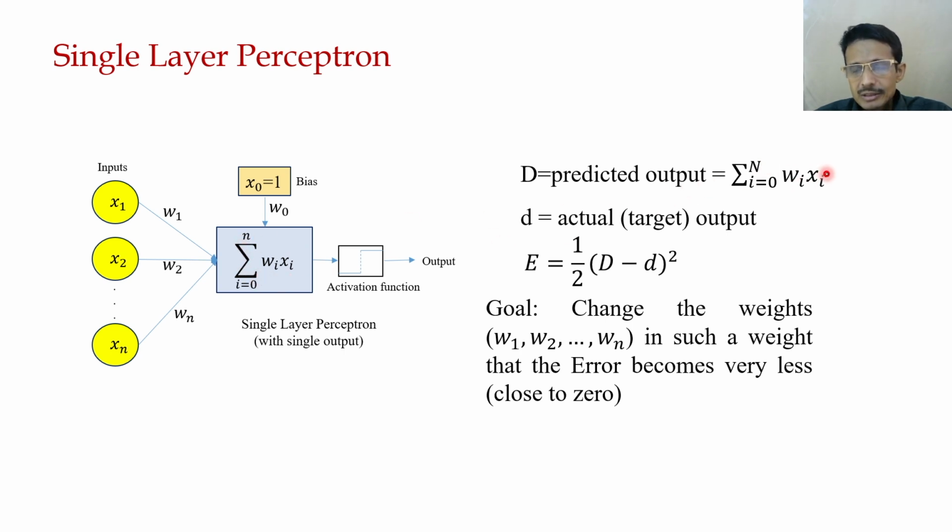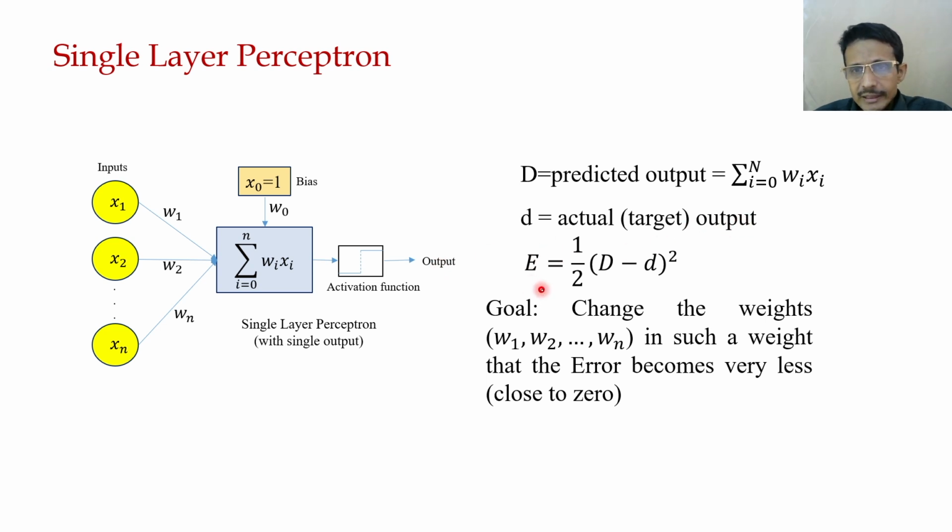And there is some D, which is the actual or target output. So there are two things: one is the predicted output and the other is the actual output. The predicted output is what we get when this is fed to the activation function, and this is the actual output.